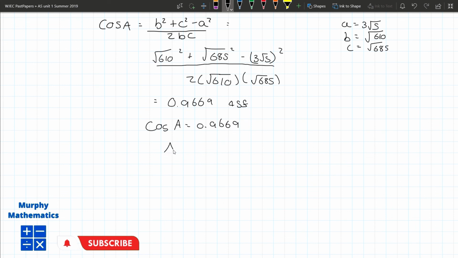So finding out what A is, what this angle is, we take the inverse cosine: A equals cosine minus 1 of 0.9669, which is 14.8 degrees to 1 decimal place.